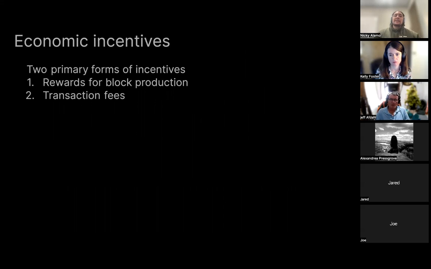And then economic incentives. In the beginning, when we first have the Silvermint network up and running, there are going to be two primary forms of incentives. Some of you will be familiar with the second one, but the first is rewards for block production. As we create more tokens, or as validators are spun up and tokens are created, there are going to be rewards for block production.